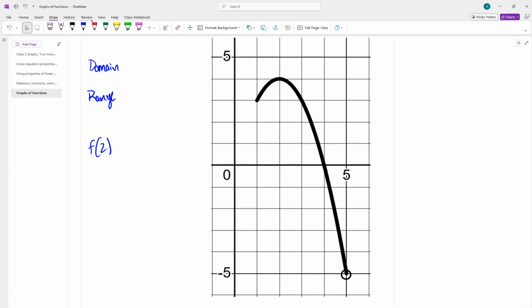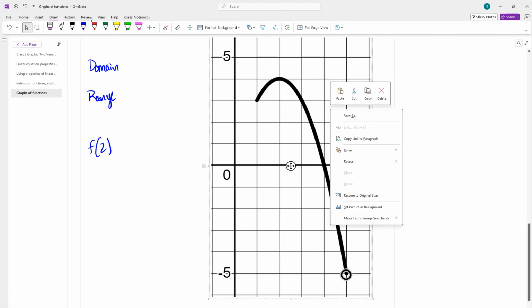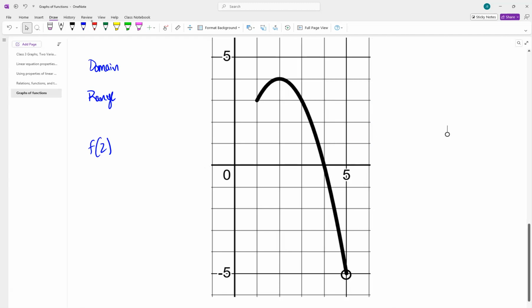I kind of start the function at an x value. Domain is all x's at 1, and that is included. And then I progress to the right all the way until I get close to 5, and I see at 5 there's an open circle, so 5 would be excluded in interval notation.